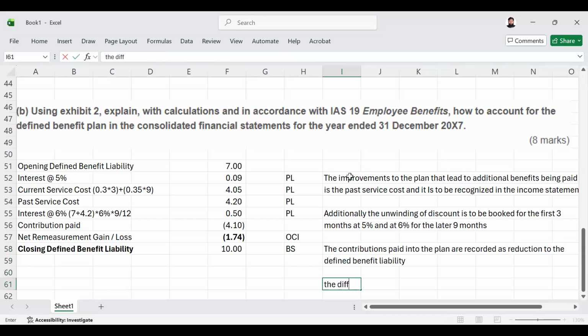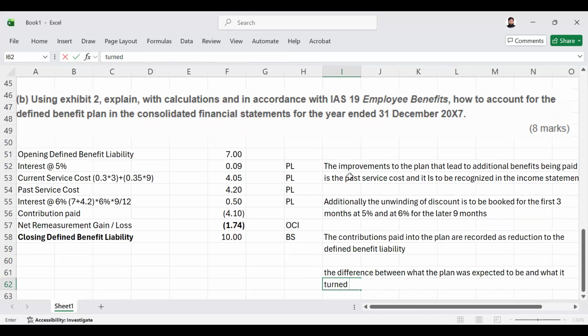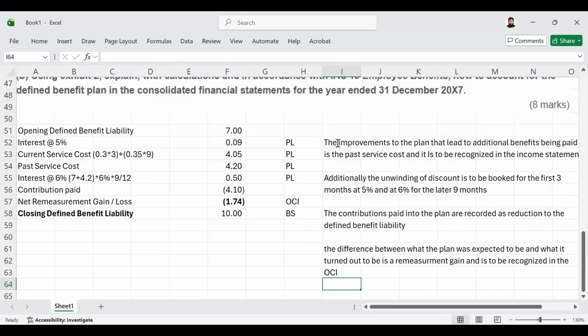The difference between what the plan was expected to be and what it turned out to be is a remeasurement gain and is to be recognized in the OCI.